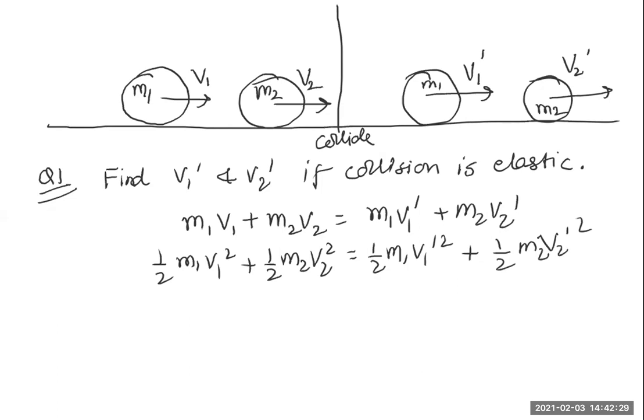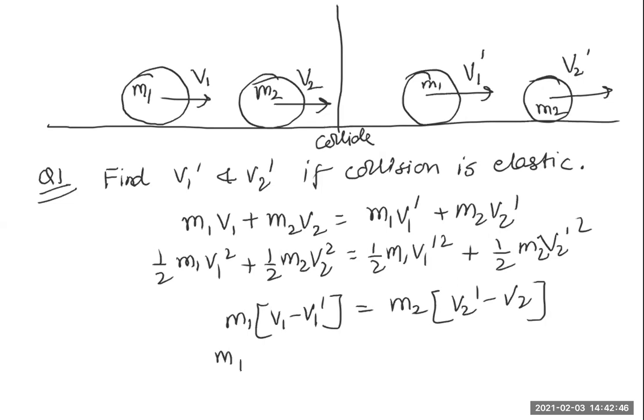Rewriting the above equation as M1 into V1 minus V1 prime is equal to M2 into V2 prime minus V2, and rewriting the second equation as M1 into V1 square minus V1 prime square is equal to M2 into V2 prime square minus V2 square.